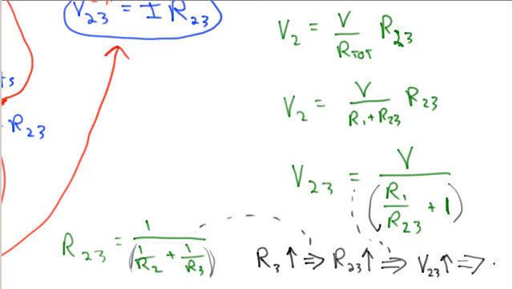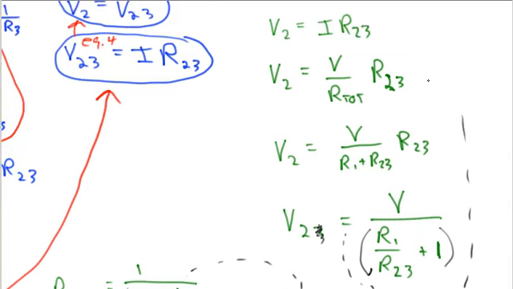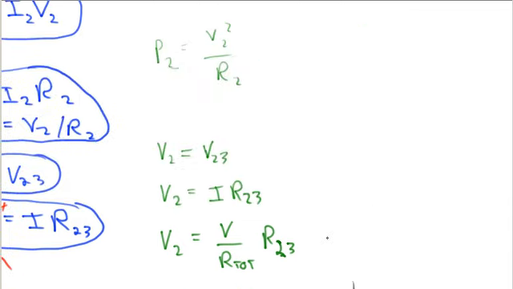Yeah, probably. I think I was already using the fact that V2 is equal to V23. So let's just call this V2 goes up. And then if V2 goes up, P2 goes up from this equation up here.